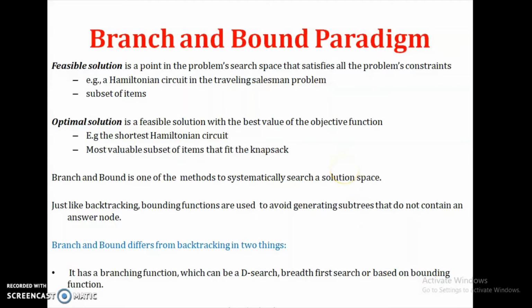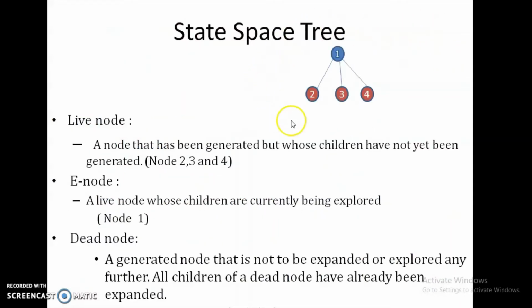When we take this tree organization of the solution space, the tree is known as a state space tree. The state space tree has a set of nodes, and when you traverse from the root node to the leaf node, it will create a set of tuples which represents all the vertices you have visited, or something different based on the problem.